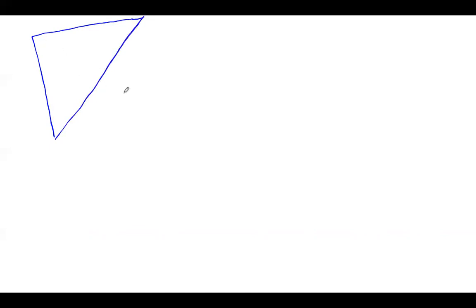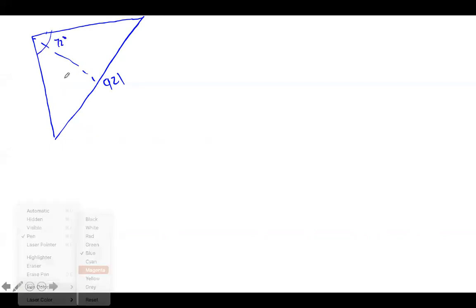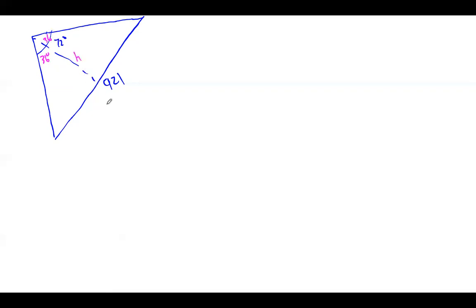Something like that. Okay. So this is 921. We found our angle was 72. This was 72 degrees. So this implies each part is 36 degrees, and this is also 36 degrees. We have our height, we have our base.